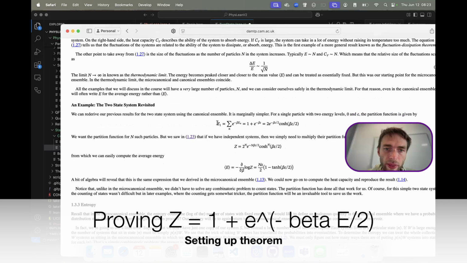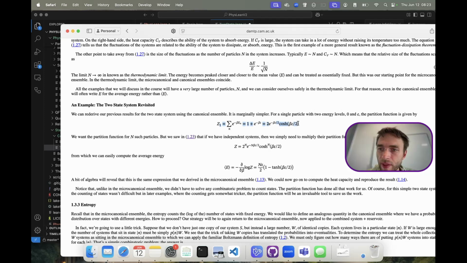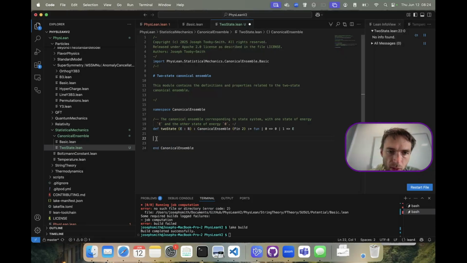So let's see what we can prove with respect to this canonical ensemble. The first thing we can prove is that the partition function of this is equal to this thing here. So let's go lemma, two-state partition function.